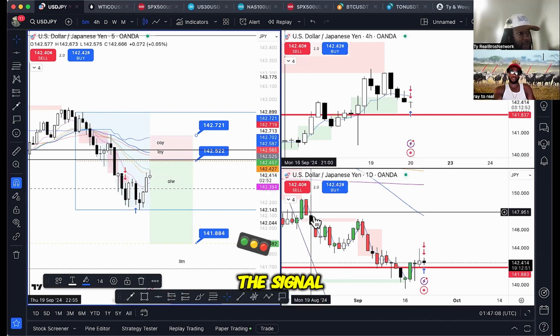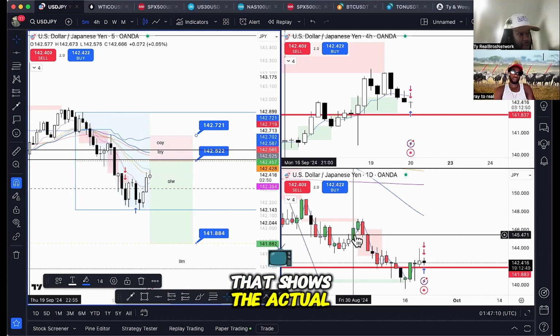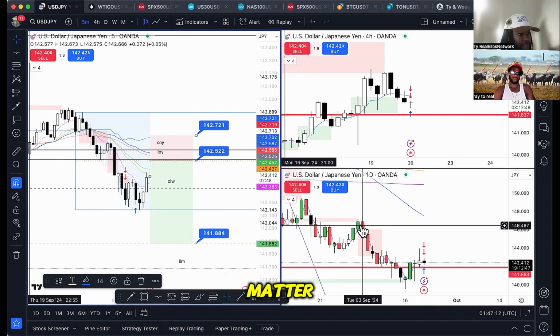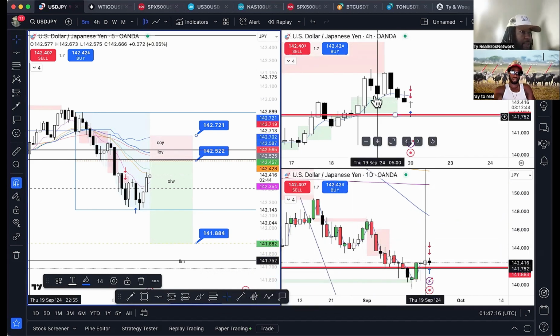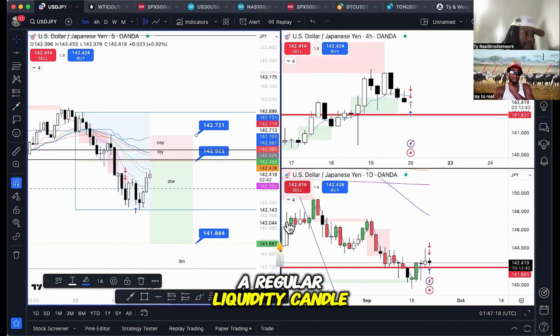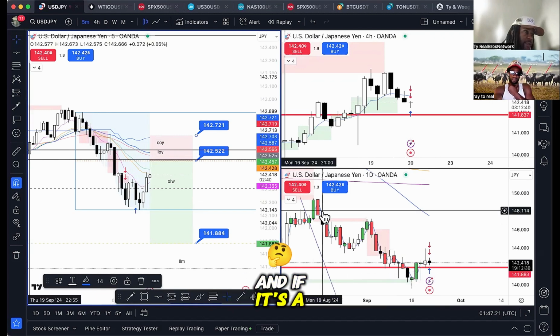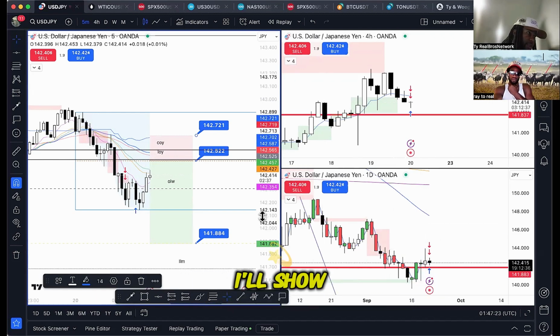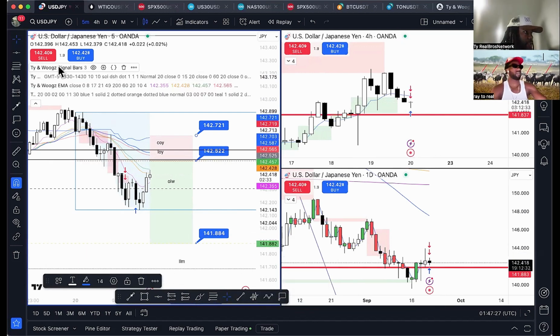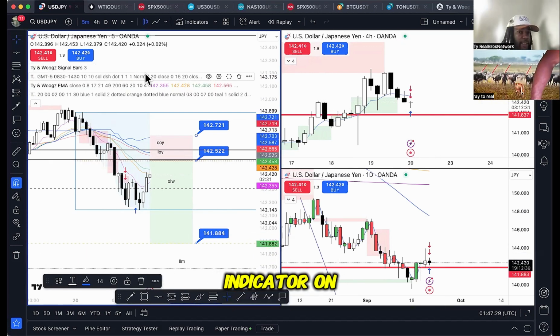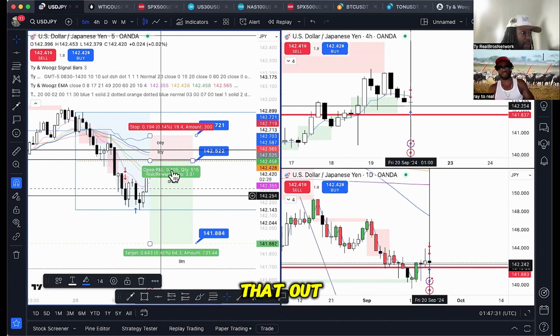And then we have the signal bar indicator that shows the actual green candles that matter and the red candles that matter, and not just the noise. So if it's just a regular liquidity candle, it'll just be black and white. And if it's a candle of significance on my screen, it'll show up as green or red using the time with signal bar indicator on the Patreon. You guys can check that out.